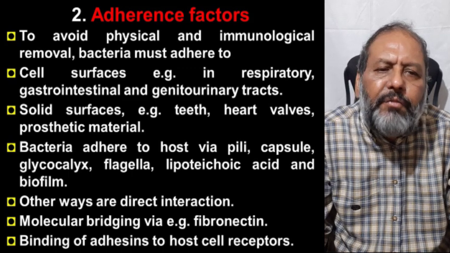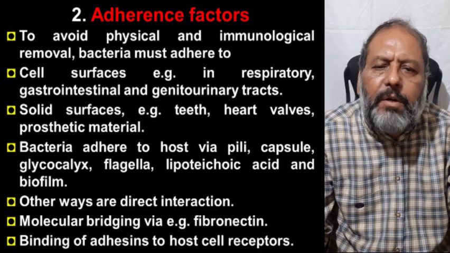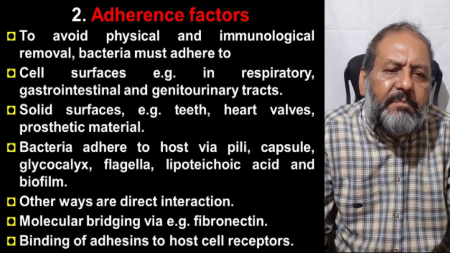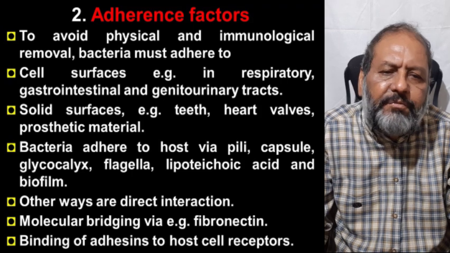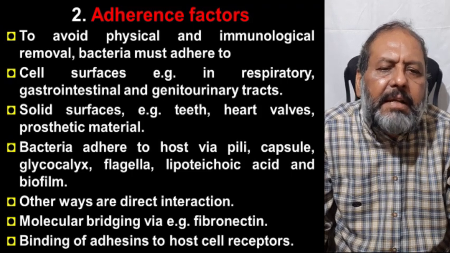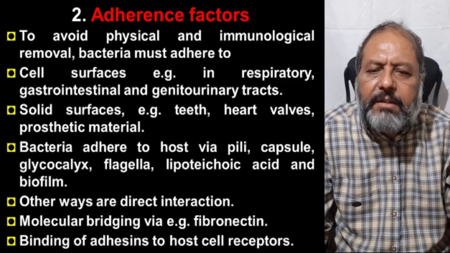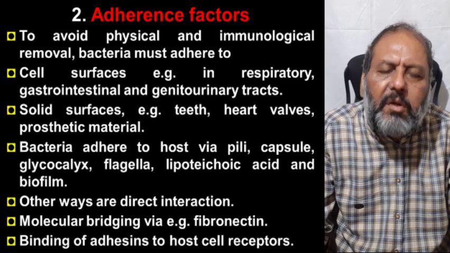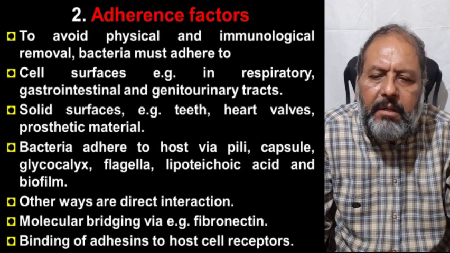To avoid physical and immunological removal by the host, the bacteria must adhere to the cell surfaces, like in respiratory, gastrointestinal, and genitourinary tracts, and solid surfaces on the teeth, heart valves, prosthetic material.